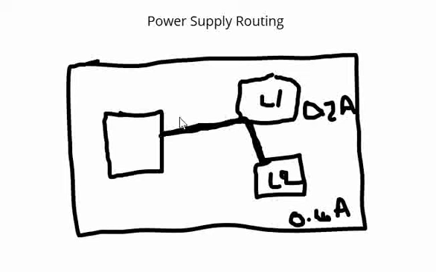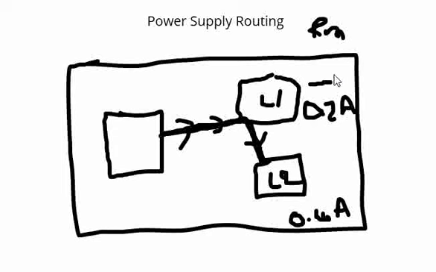Where you have current passing through, for example, let us assume load 2 has to be supplied with current. In that case, the entire current has to pass through load 1 and go to load 2. Now, let us assume this particular trace has an impedance of Rm milliohms.